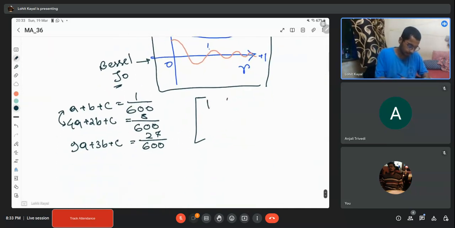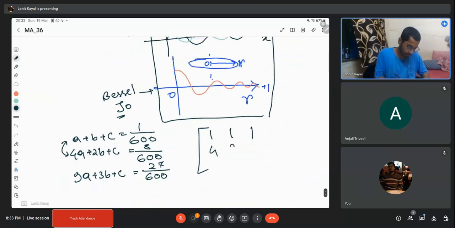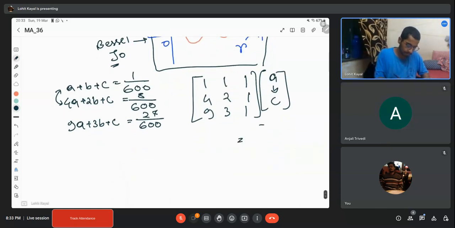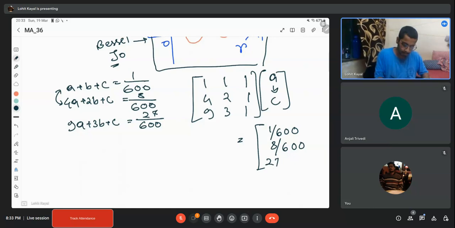You are already familiar with this kind of thing. The matrix with rows 1 1 1, 4 2 1, 9 3 1, times a, b, c, equals 1 by 600, 8 by 600 and 27 by 600.